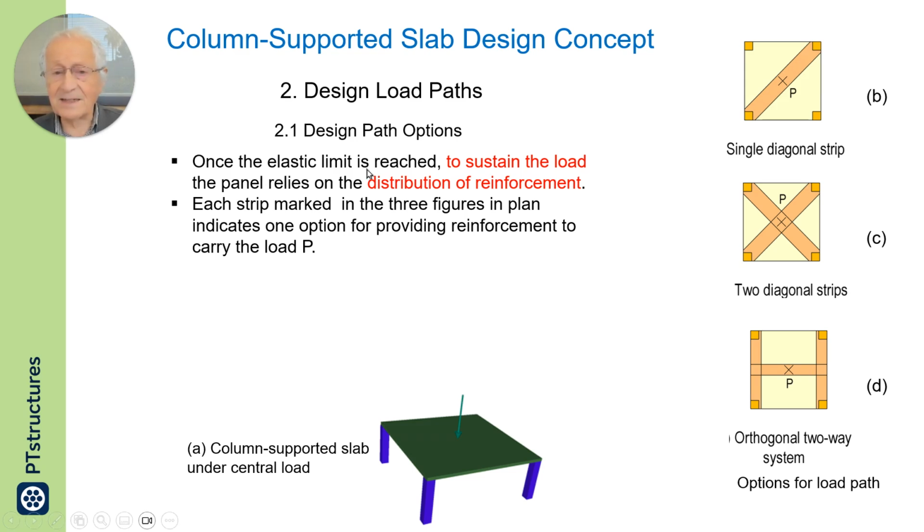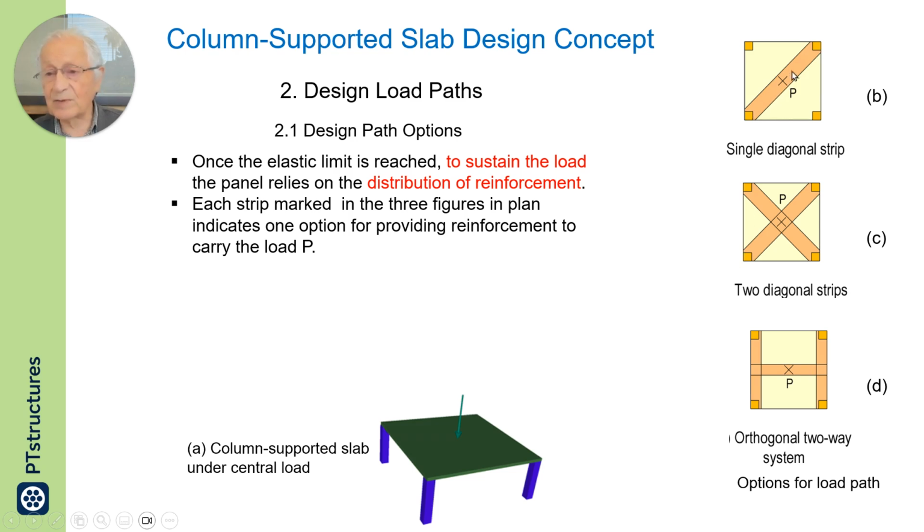Once the elastic limit is reached, to sustain the load, the panel relies on the distribution of reinforcement. Then it is the reinforcement that determines how the load is carried to the support. In these diagrams, I have shown bands. Each band represents position of reinforcement.